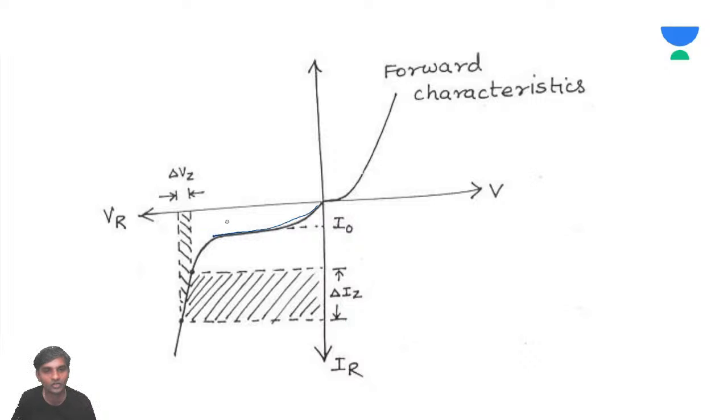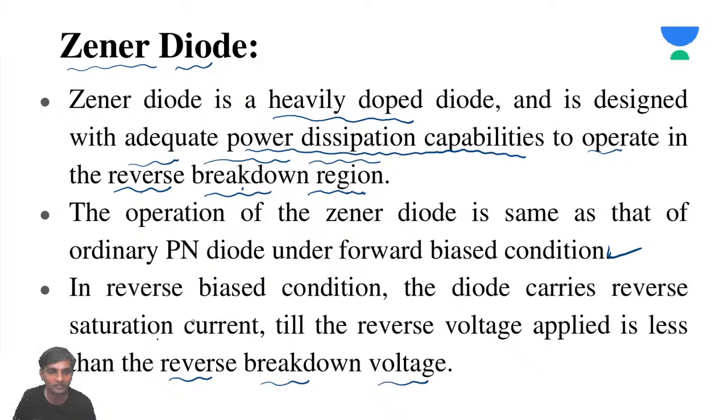Till this point, you have a constant I0. Let's say the voltage is VR. Till the reverse voltage is less than the breakdown voltage, you have a reverse saturation current I0.